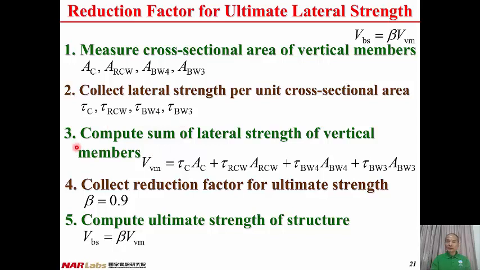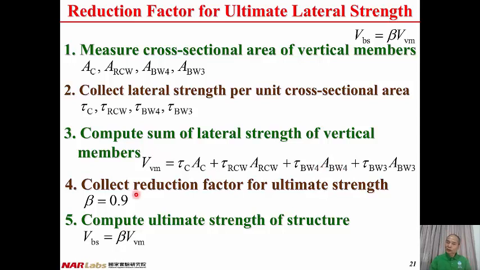And step 3, after measuring the cross-sectional area of the vertical member and gathering the information of unit lateral strength of the vertical member, we can compute the sum of lateral strength of all the vertical members. VVM equal to tau C times AC plus tau RCW times ARCW plus tau BW4 times ABW4 plus tau BW3 times ABW3.